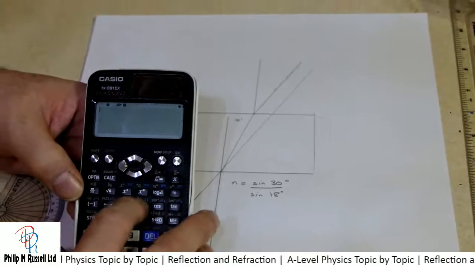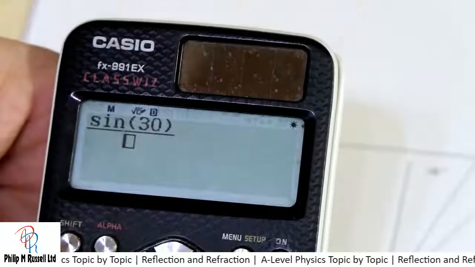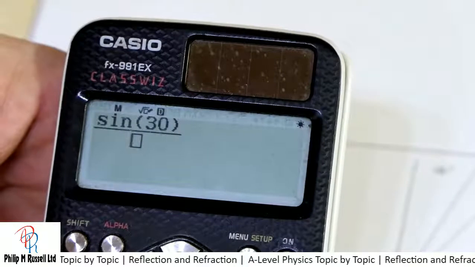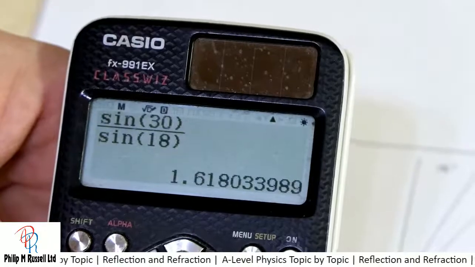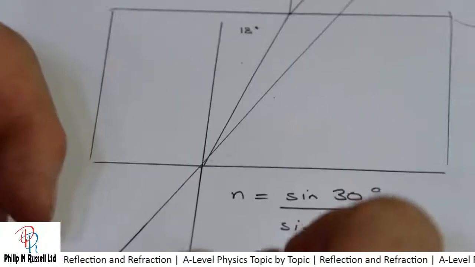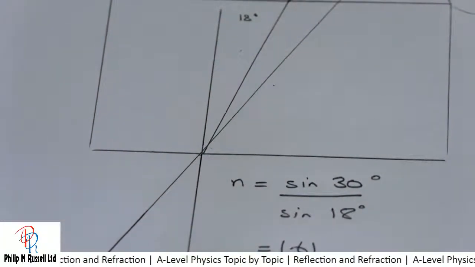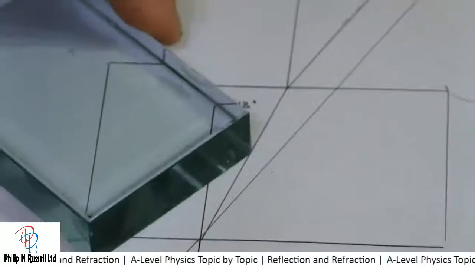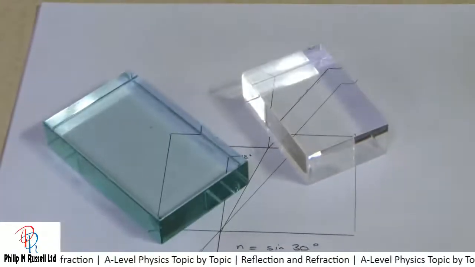So we've got the sine of 30 over the sine of 18, and that's going to give me 1.61. And that is my calculation for that piece of glass, this sort of greenish coloured block of glass, compared with my clear piece of Perspex.